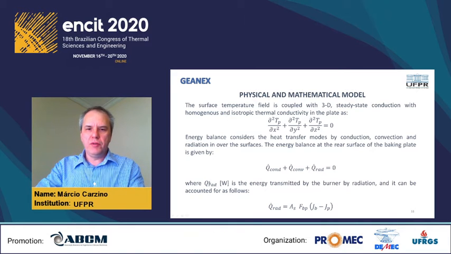This is the temperature field by conduction in the cast iron baking plate. We consider an energy balance of heat transfer by conduction, convection, and radiation. The radiation from the burners is related to the back area of the plates, the view factor between burners and the plate, and the radiosity between burners and plate.